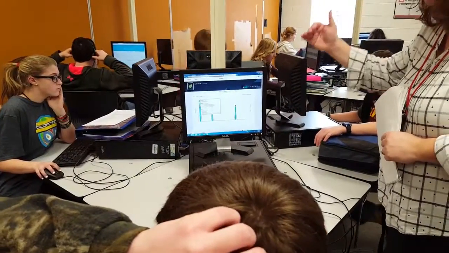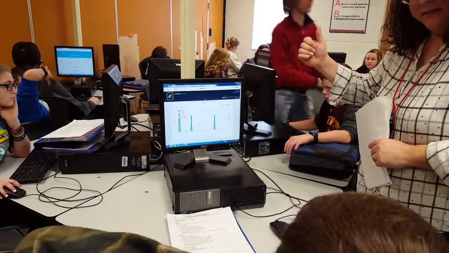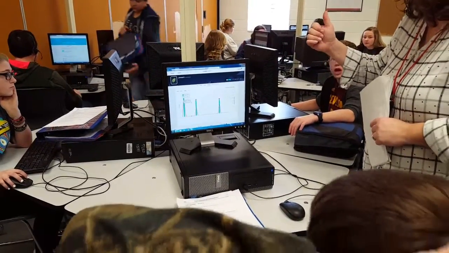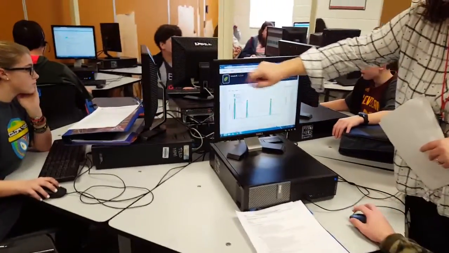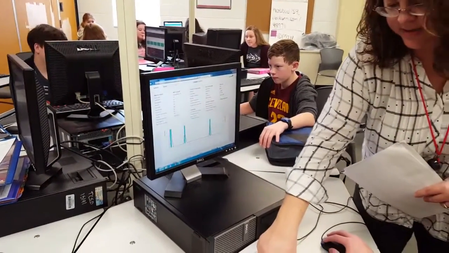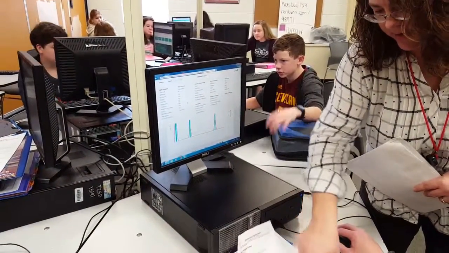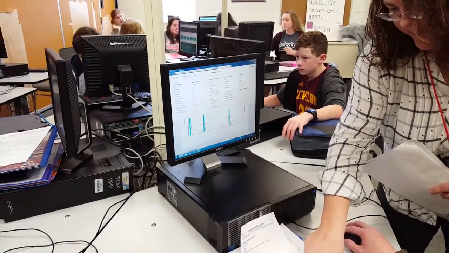We see now that the teacher is helping a student, showing them their profile. On Khan Academy, they have a profile where they can earn energy points, they can earn badges, they have different ways of recording that data of the students' interactions, how many questions they answered correctly, how many hints and helps they had to use.